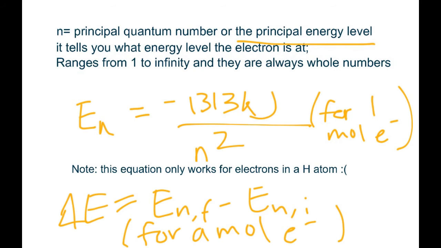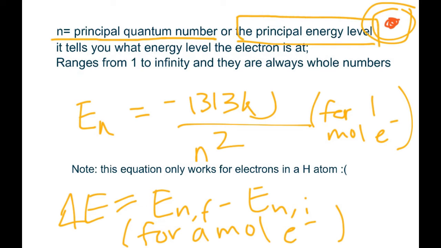Did you know that in an atom, such as this atom, with electrons flying around it, electrons can have different energy levels? Now, I didn't know this until I learned it, but now that you know, let's talk about it. N is a letter signifying the principal quantum number, or more commonly known as the principal energy level of an electron.